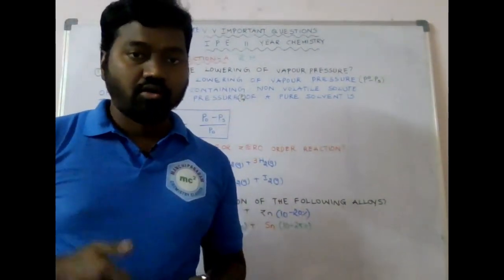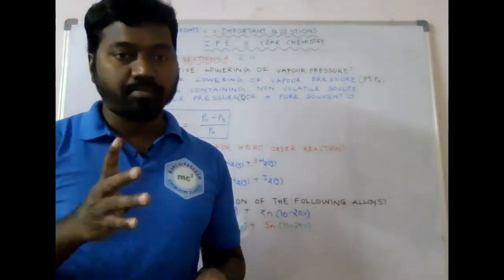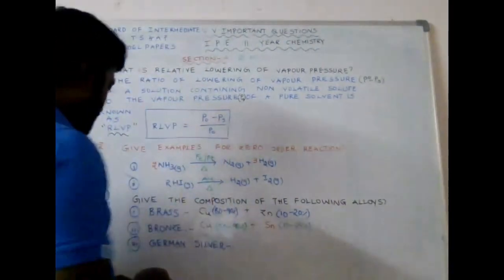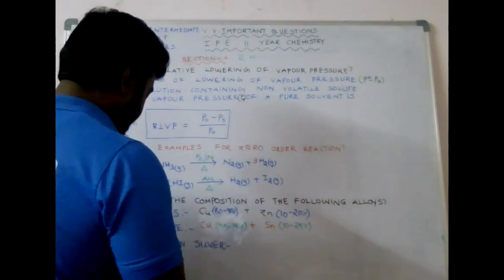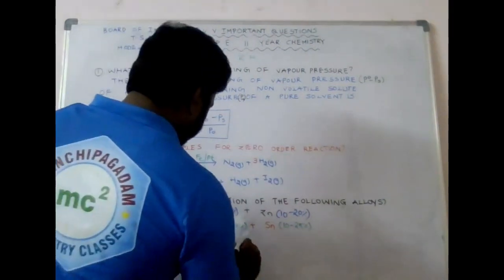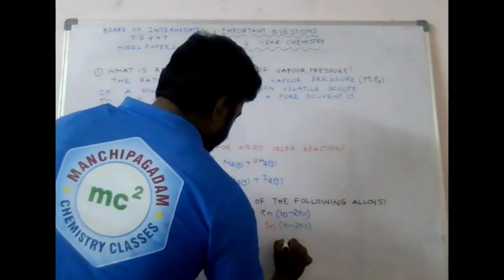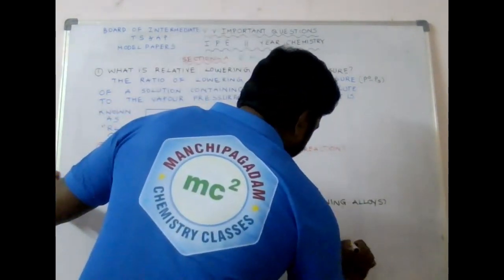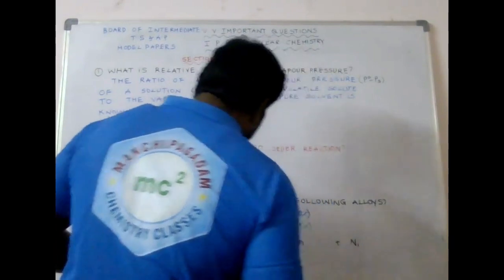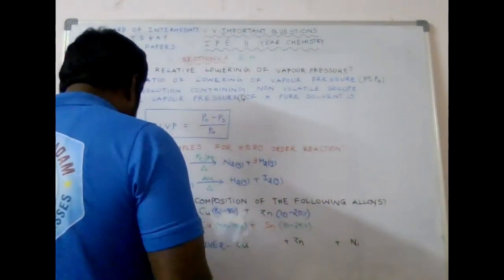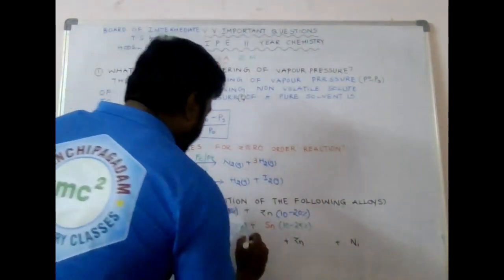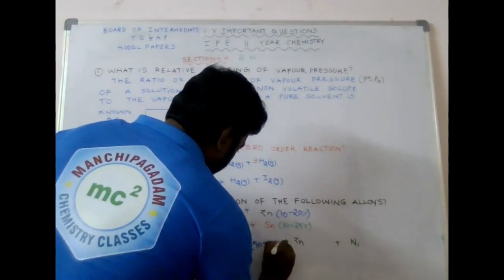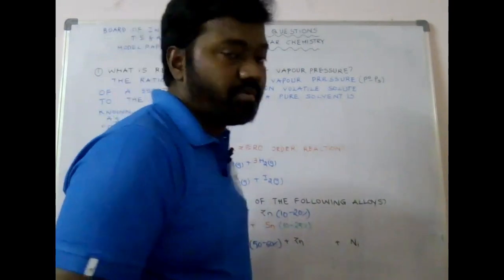Finally, German silver containing what? Copper, zinc and nickel. That you have to write. So copper plus zinc plus nickel. All the three are present. So how much copper is present here? The copper is present here 50 to 60%. Just you have to remember. There is no logic to remember in that.